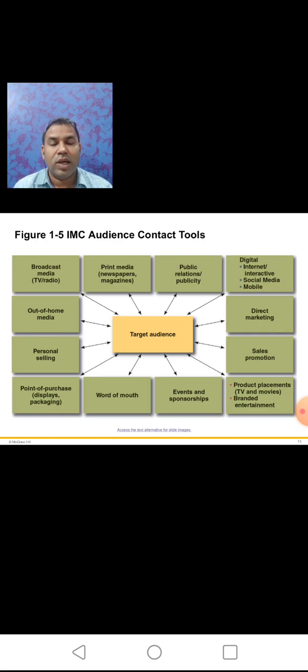They must have a strategic sync among each other, and they must target the customer in such a way that the customer gets a similar kind of communication and similar stimulation from the different marketing tools, and it is more impactful and more positive.